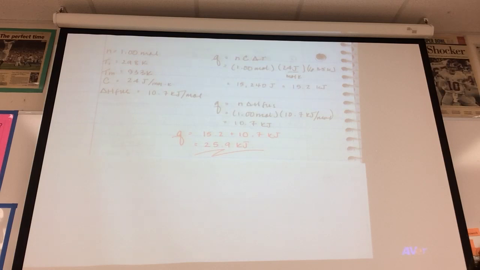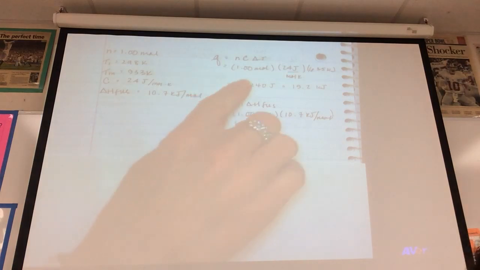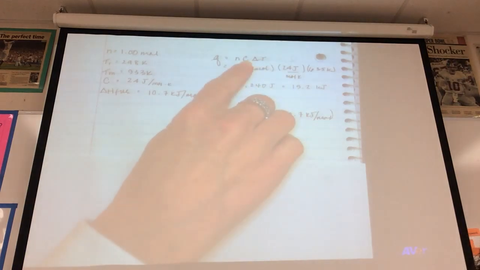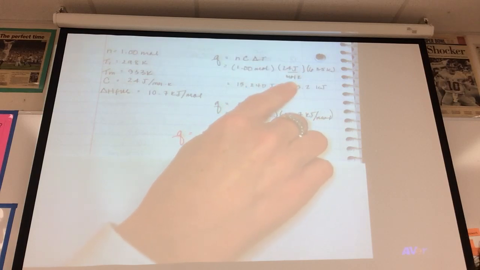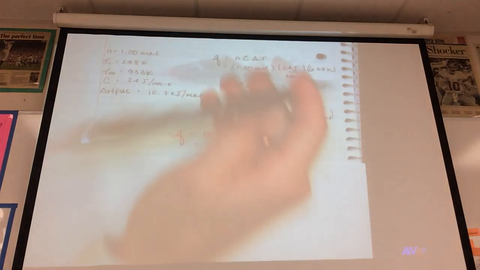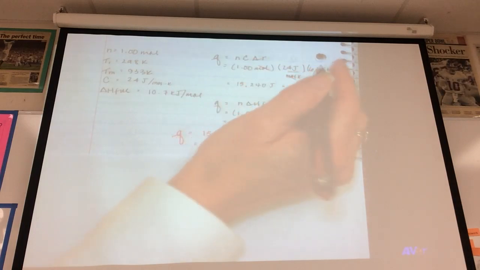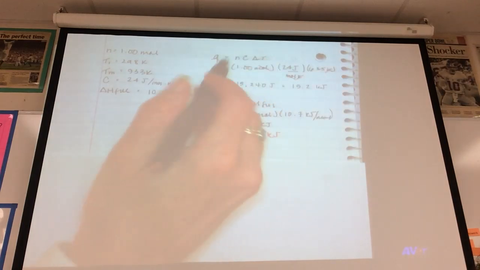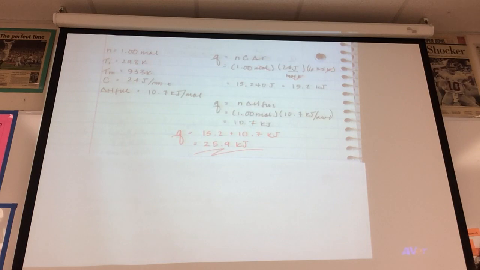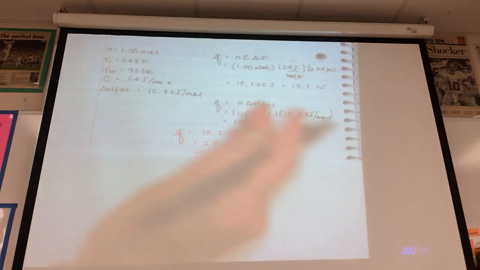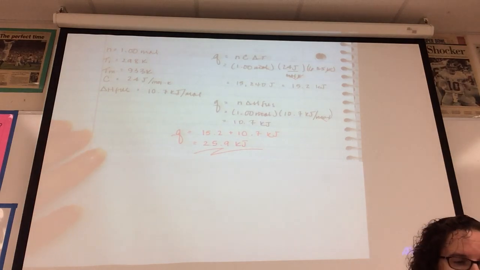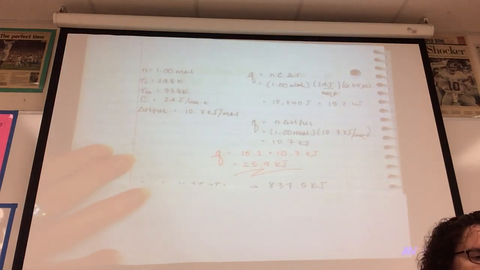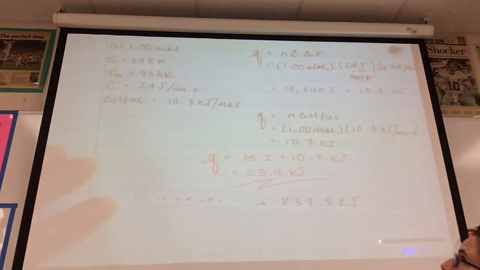So you can just exchange M for N. In this particular instance, it works because if you look at the heat capacity they gave you, and like I said, if you let your units drive your problem, you knew you had to get to joules or kilojoules, and so that would drive it. Same thing here. Is that better?